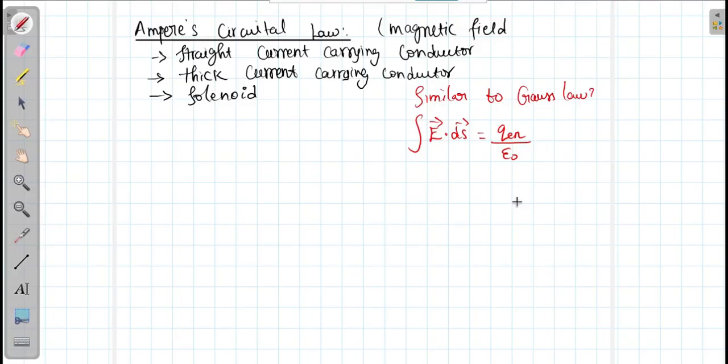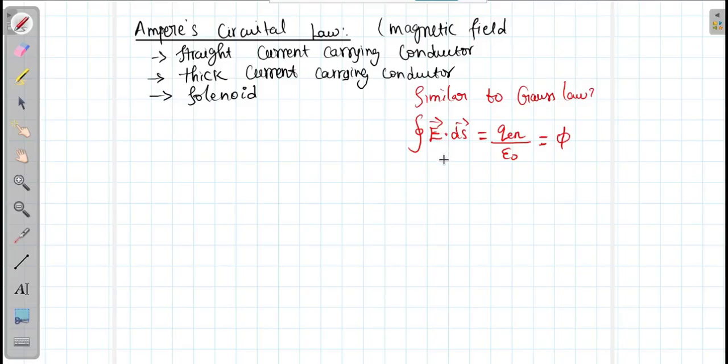They have given it as phi equals Q enclosed by epsilon naught, but actually phi is expressed as a closed surface integral of the electric field, which is equal to the charge enclosed divided by epsilon naught. So similar to Gauss law, we have Ampere circuital law.